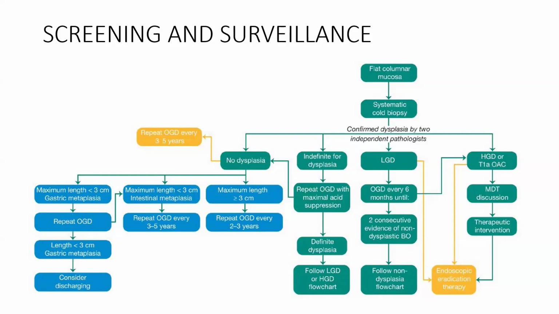For low grade and high grade dysplasias, endoscopic eradication therapy is performed. After that, in low-grade dysplasia, endoscopy should be repeated every 6 months until there is 2 consecutive evidence of non-dysplastic Barrett's.